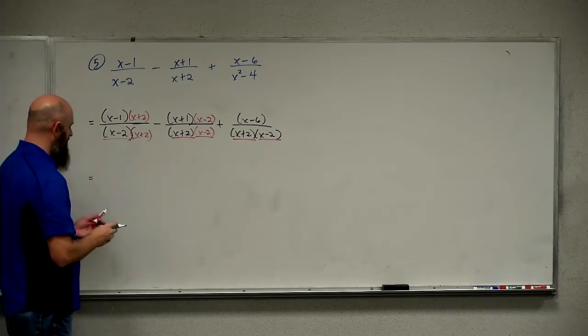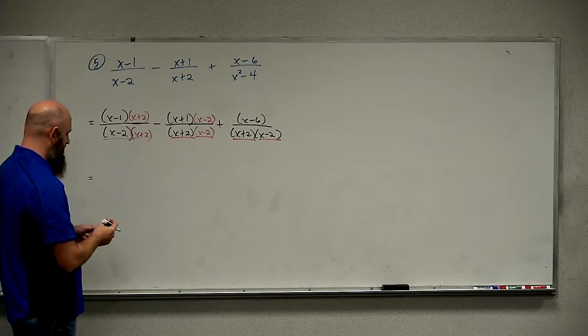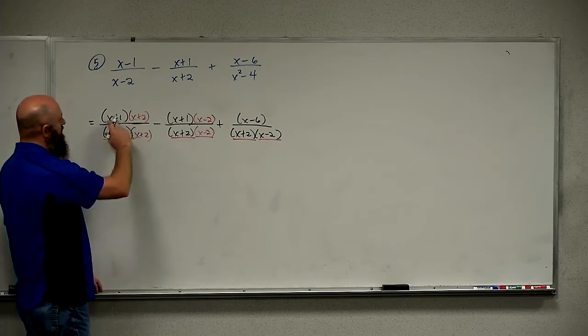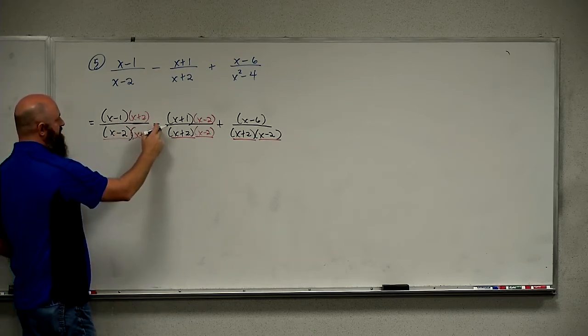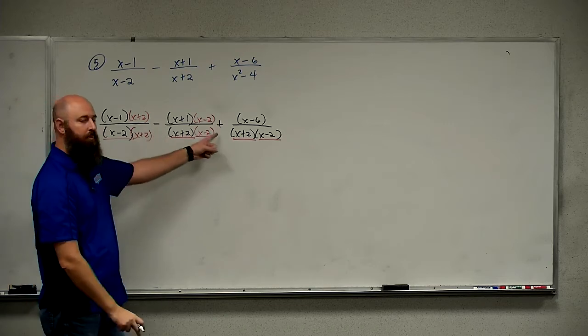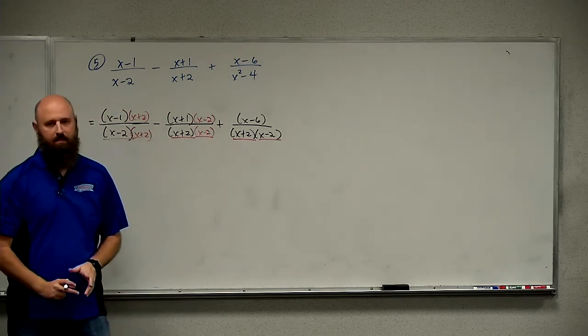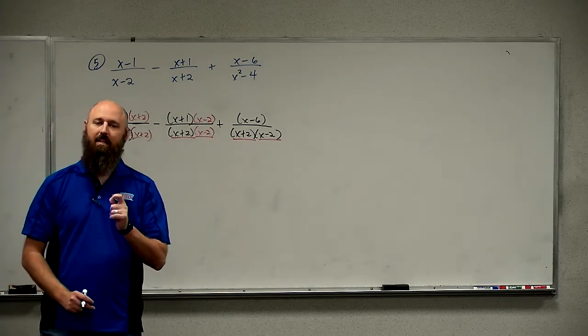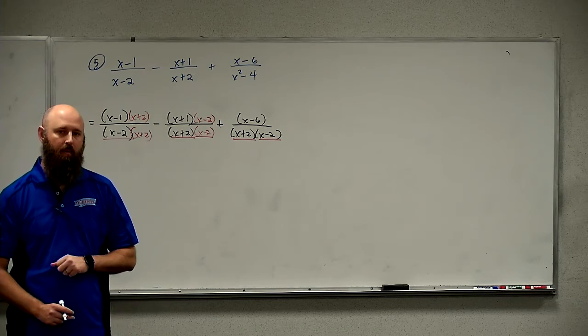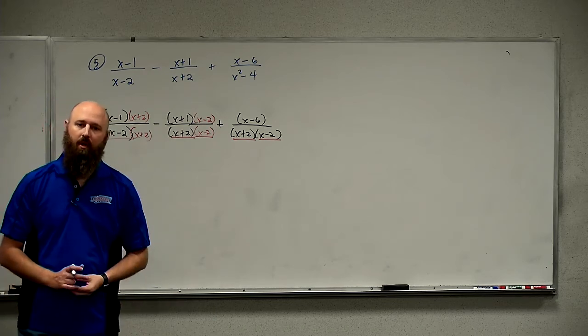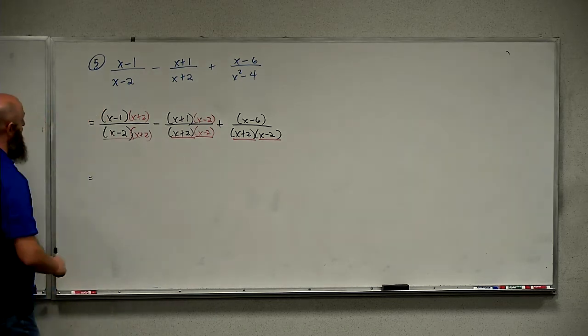All right, so again, I'm going to multiply these out as I move down to this next line, but I want to keep parentheses, especially because I have this minus here. If I had plus and plus, I wouldn't worry about the parentheses. But because I have that minus, I need to make sure that I distribute it properly. So I'm going to go ahead and put things in parentheses.